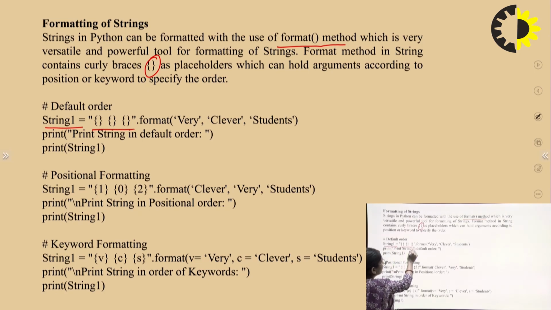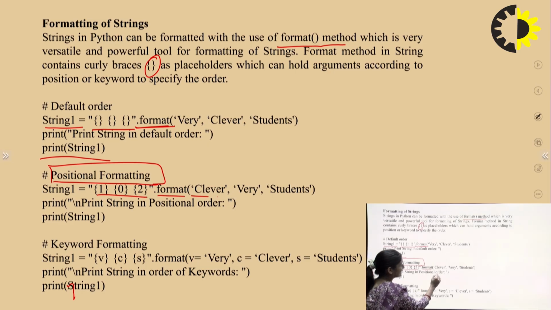Okay, now what is this? String 1. Curly braces mean how we can format, and we can format our string by using the format method. Now print string 1. What is string 1? Positional formatting. Here we can format the value, format the default value. Here we can do positional formatting, meaning string 1 is this format, clever, very, and students.